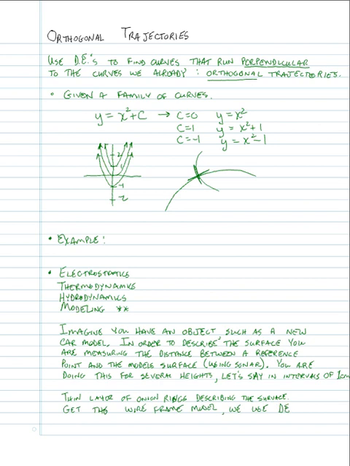Using differential equations, we find the orthogonal trajectories of the onion rings, that is, the second set of curves that describe the model vertically. Orthogonal trajectories.